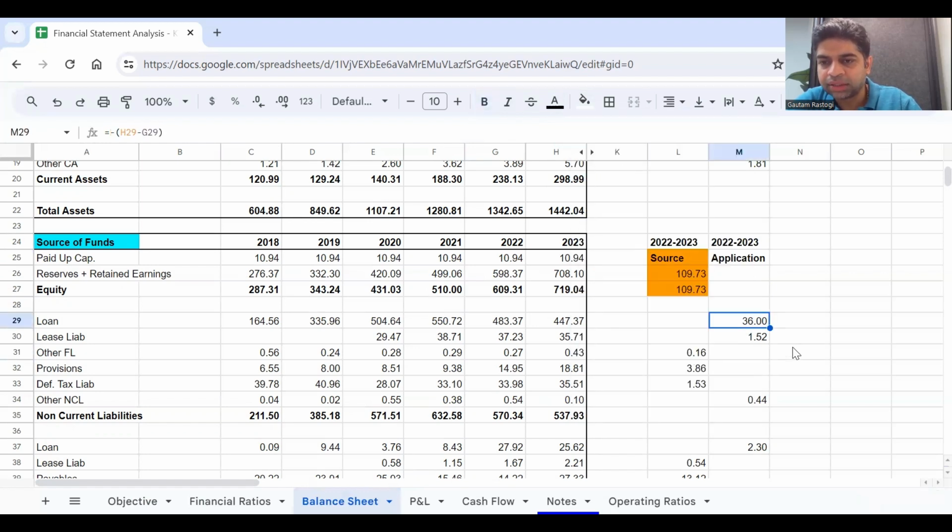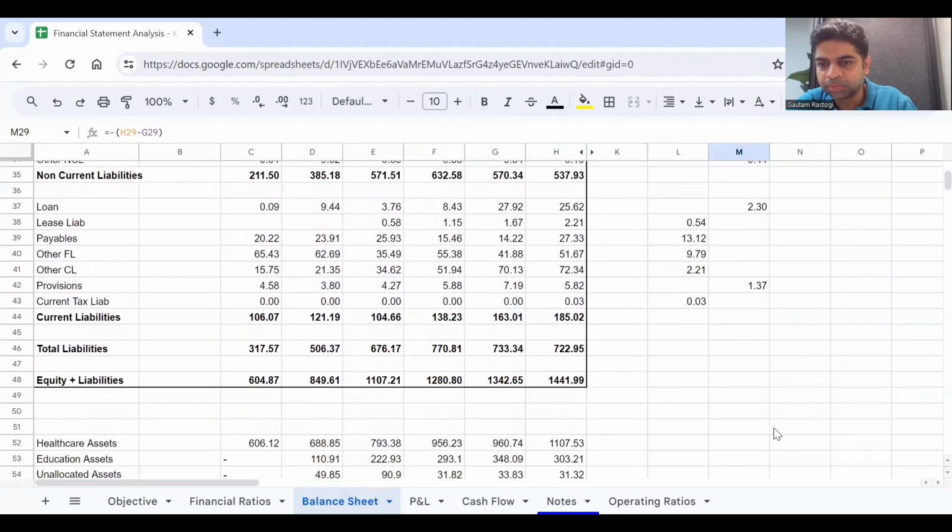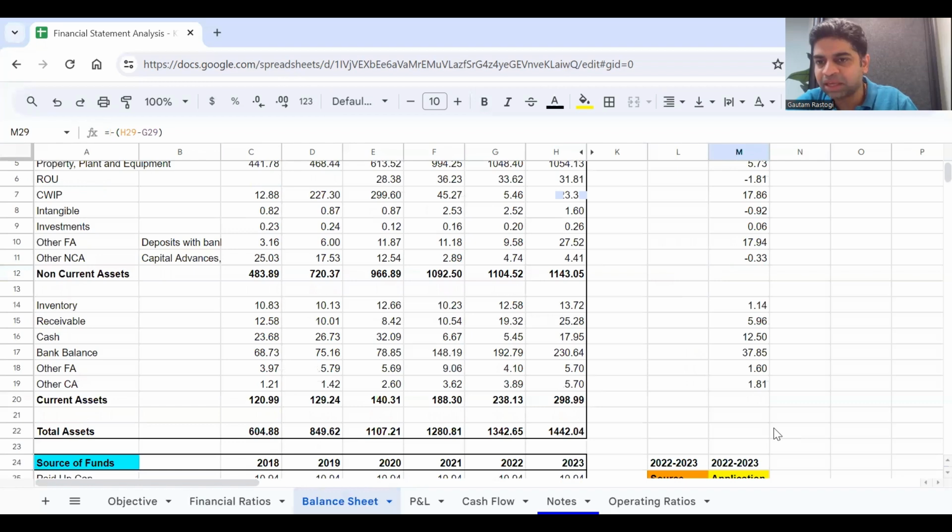Okay. And I'll only highlight the ones which seem like big numbers. I'll just only highlight them. Okay. I'm not concerned with small numbers. And I'll tell you what I'm trying to do. Okay. And let me do the same thing here as well.